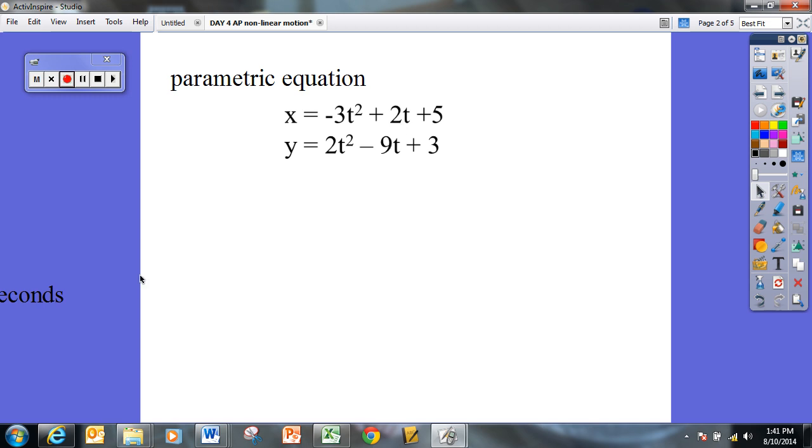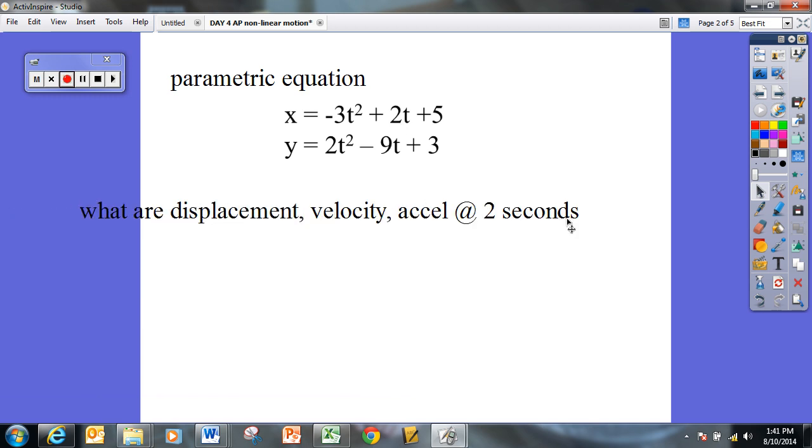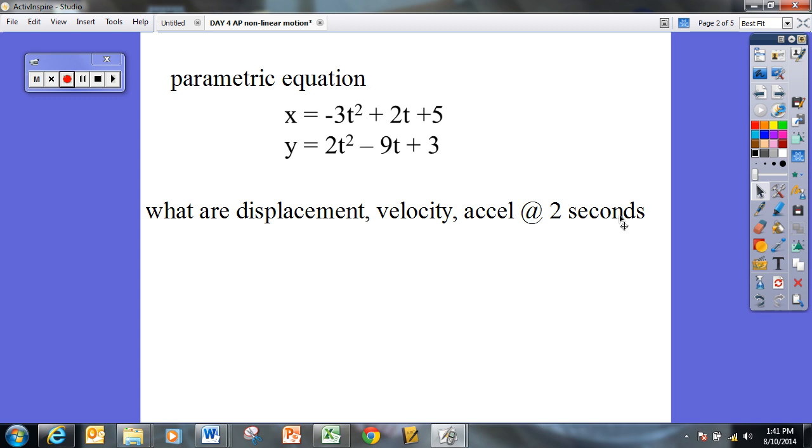And then the book takes that parametric equation and asks you what the displacement, velocity, and acceleration are at 2 seconds. And it's really quite straightforward that you are just going to substitute t equals 2 for the time in these two expressions, and then you would get this much in the i direction and this much in the j direction, and that would be the statement for the displacement.